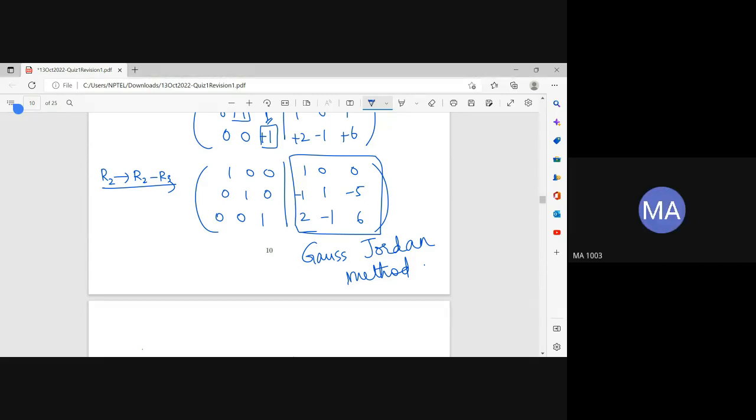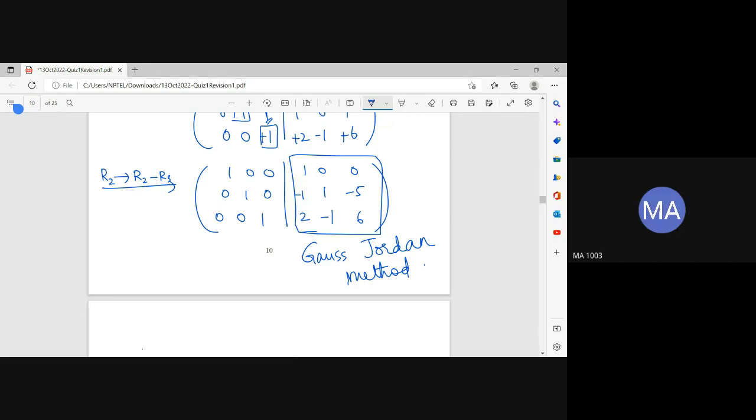Ma'am, if we have two square matrices A and B, and when we multiply A with B we get an identity matrix, can you say that A is the inverse of B? Yes.